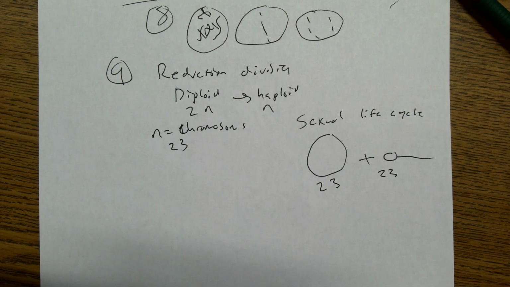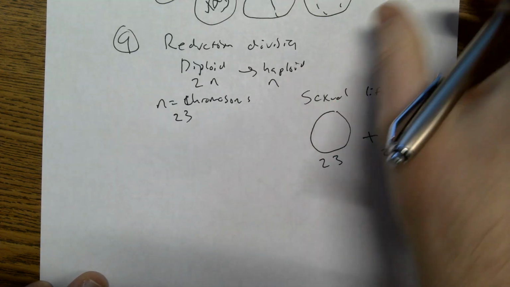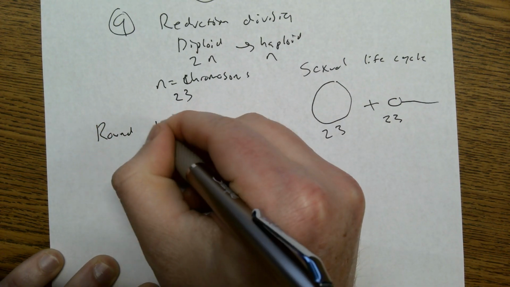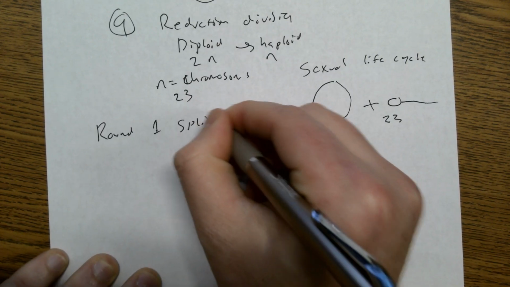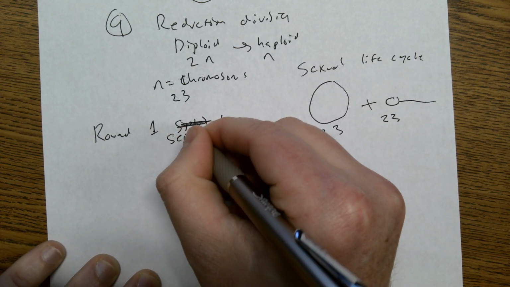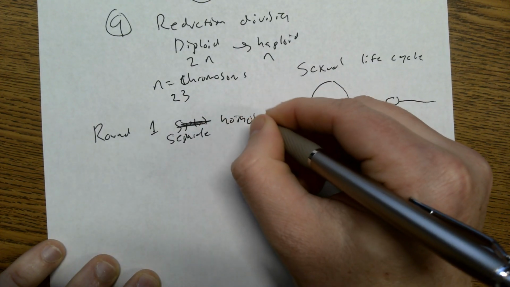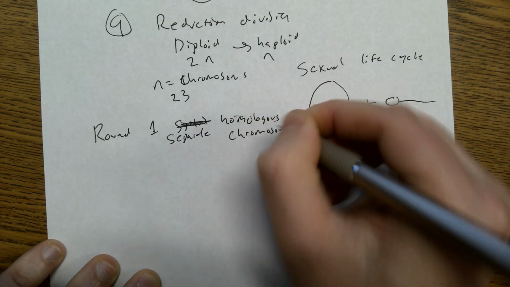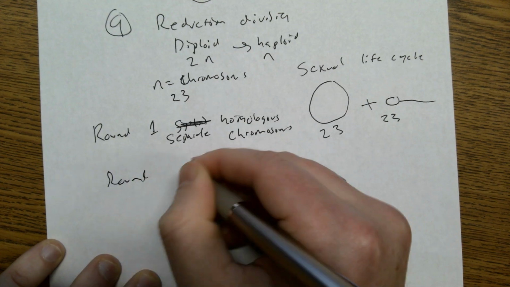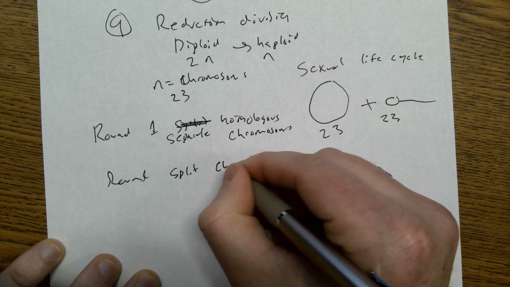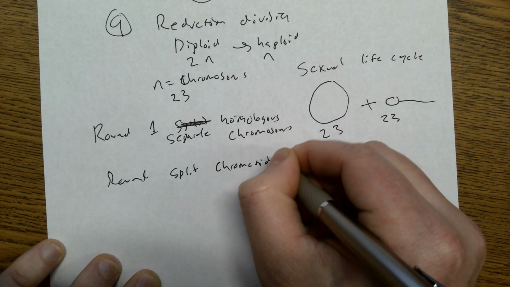You're supposed to be able to outline the 2 rounds of division. So in my mind, what that means is round 1, you split homologous chromosomes. Or I'm going to use the word separate. I think it's a better word. Separate homologous chromosomes. In round 2, you split the chromatids, just like you do in mitosis.